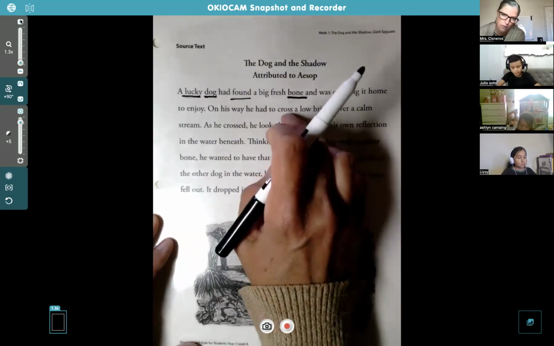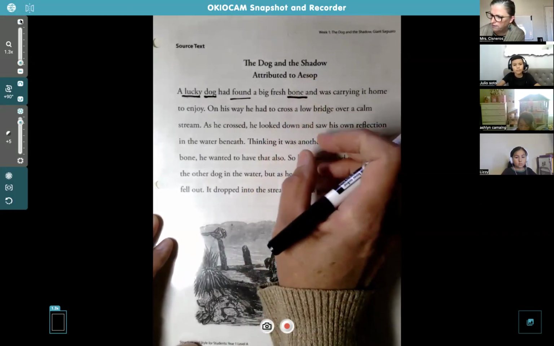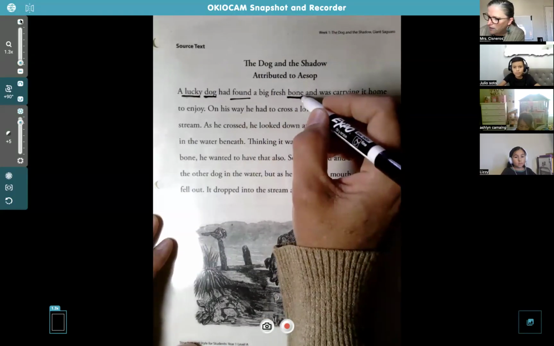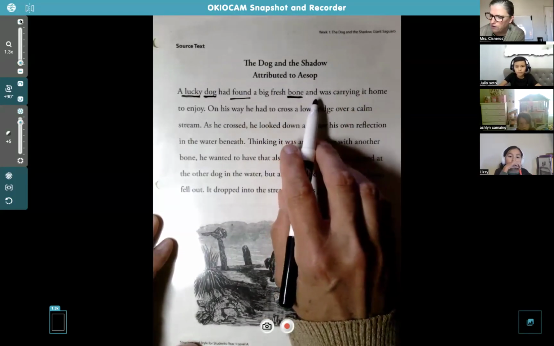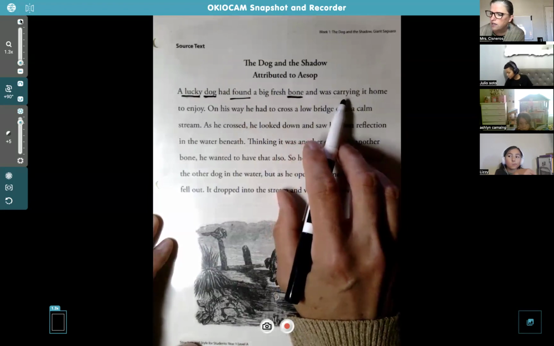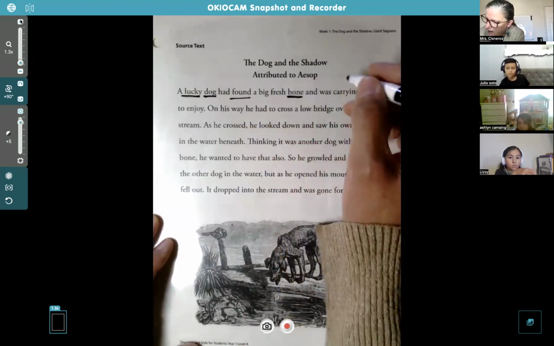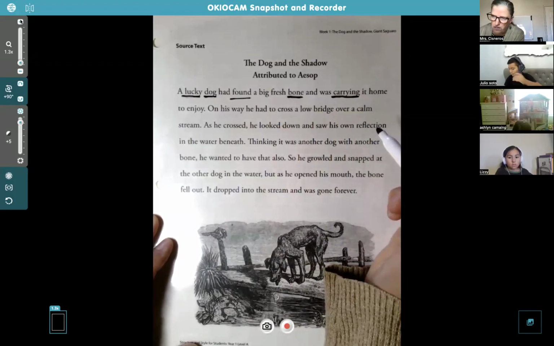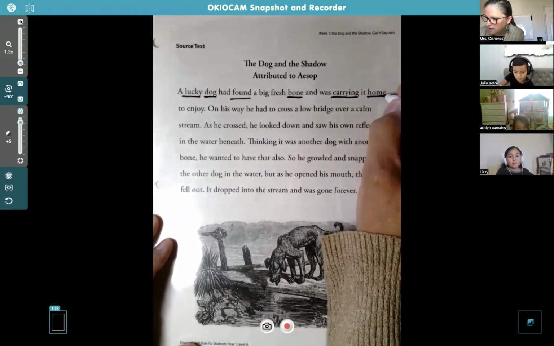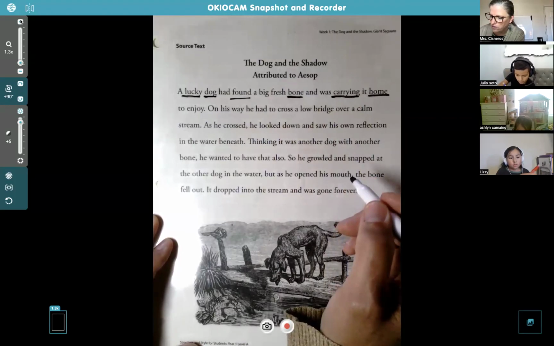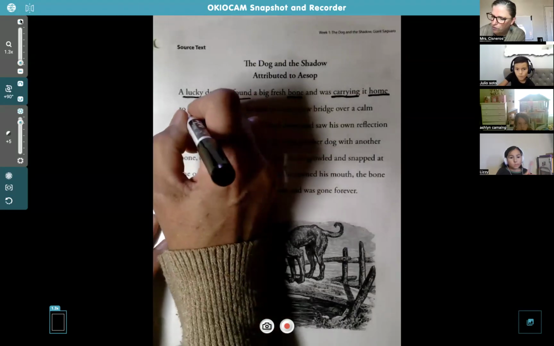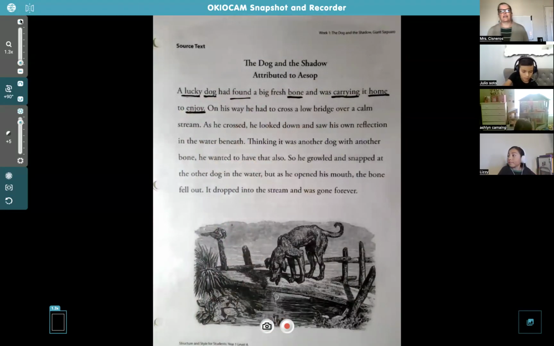So that's a super key word, bone. The word and, not so much. And is not really key. Was is not key. Carrying, yeah, that could be a key word. It, no, not key. Home, yes. Home is important. To, nope, not a keyword, but enjoy, yeah, I would say that's a keyword. Okay, so we found a bunch of keywords here.